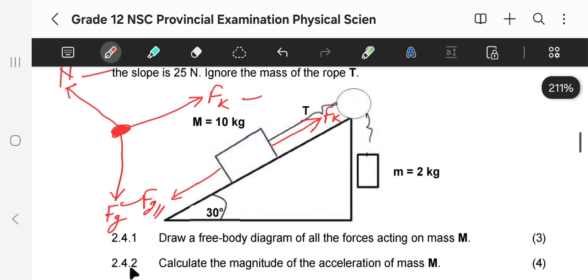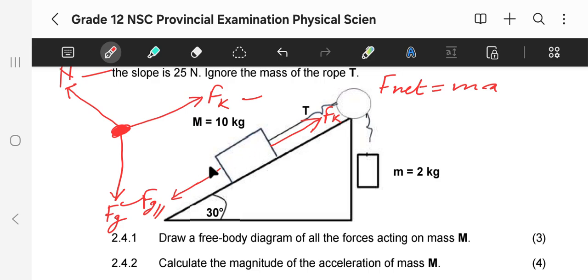The next question says we have to calculate the magnitude of the acceleration of mass M. Where are we going to get acceleration? We can get acceleration from equations of motion, but we can also get acceleration from F net equals ma, because in this case we are dealing with Newton's laws, right? And we are dealing with an object that is having certain forces act on it, getting it to move, and the object accelerates in the direction of the net force and all of that.